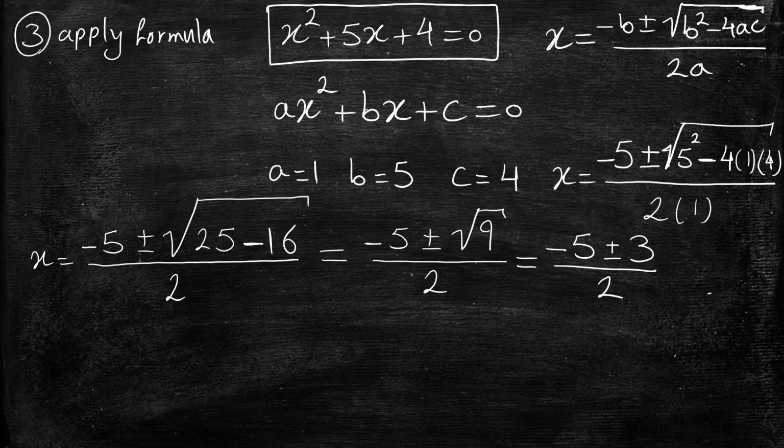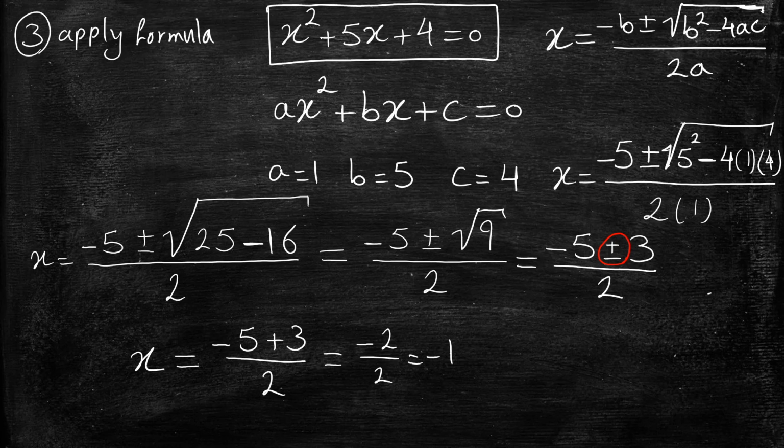So now we're going to explain what this plus minus means. This is where, as I told you in one of the previous episodes, second degree equations could have two different answers. And this is where the two different answers come from. So in one answer, x equals minus 5 plus 3 divided by 2, which if you simplify is minus 2 over 2, which is minus 1.